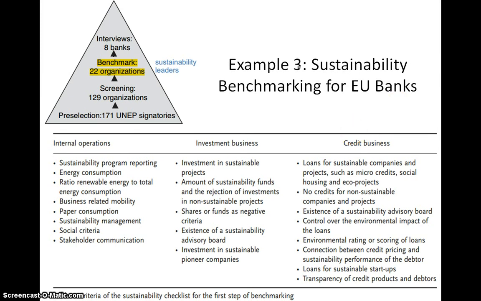So basically, they created a suite of criteria for sustainability leaders. Then they find out 22 organizations are identified as the sustainability leaders, and they have their strengths in different criteria.